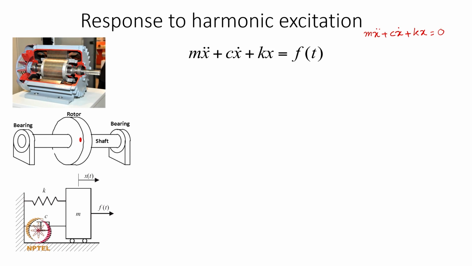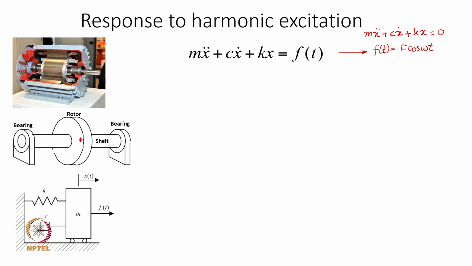We extended that to arbitrary excitation, still keeping the right hand side essentially 0 in the solution process. In this case, the right hand side is non-zero, and that can take different forms, but one of the common forms, as we discussed, is F cos or F sin omega t.